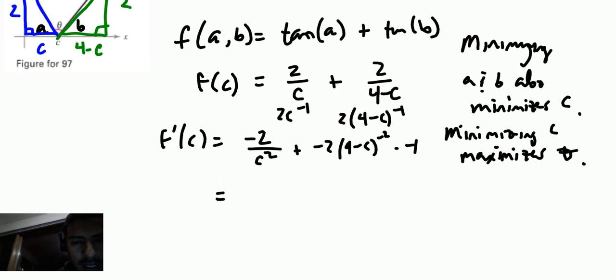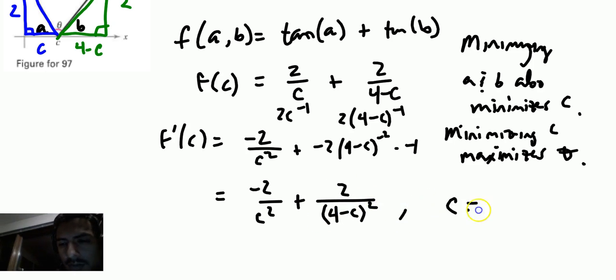We end up getting negative 2 over C squared plus 2 over 4 minus C squared. Please note C cannot equal 0, because if C was equal to 0, we would have the smallest angle theta possible.